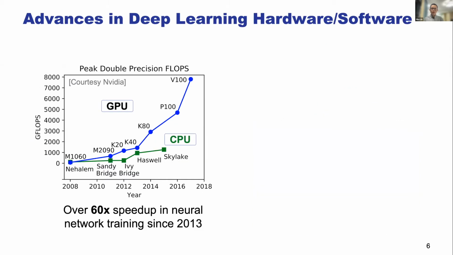To realize our dream, we look into other areas solving similar nonlinear optimization problems, such as deep learning. In the past few decades, neural network training has achieved over 60 times speed up with GPU acceleration. Meanwhile, the performance of GPU grows exponentially compared with CPU.